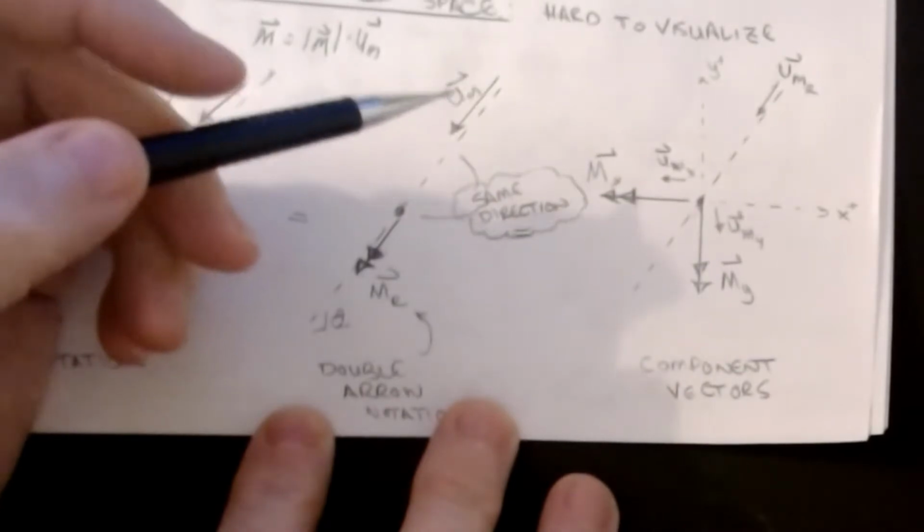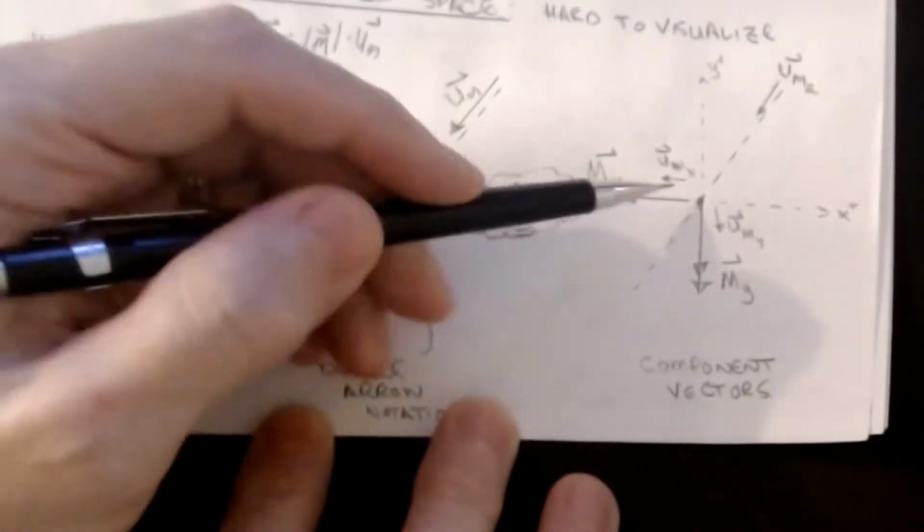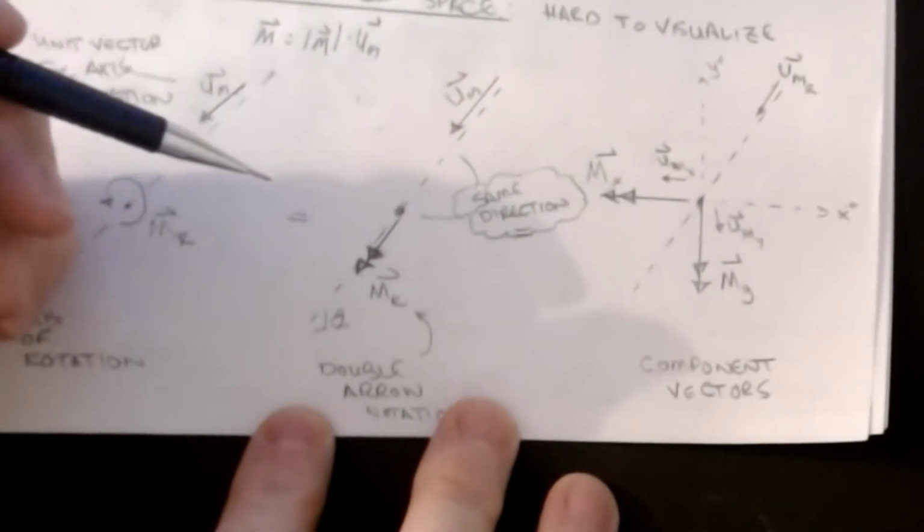And so now I can start to visualize which way this thing is rotating. Well, it's rotating about a negative x-axis, and it's rotating about a negative y-axis, and now it's a lot easier for me to visualize what's going on with those particular vectors.